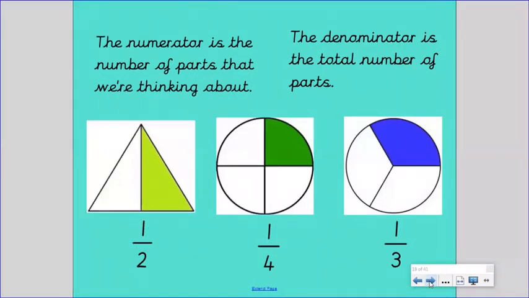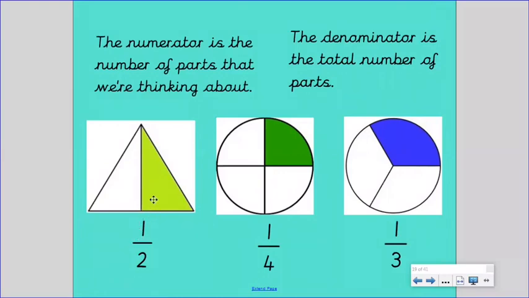The numerator, the top number, is the number of parts that we're thinking about. And the denominator, the bottom number, is the total number of parts. So here are some examples. This triangle here. So one part of the triangle is shaded. The numerator is 1.